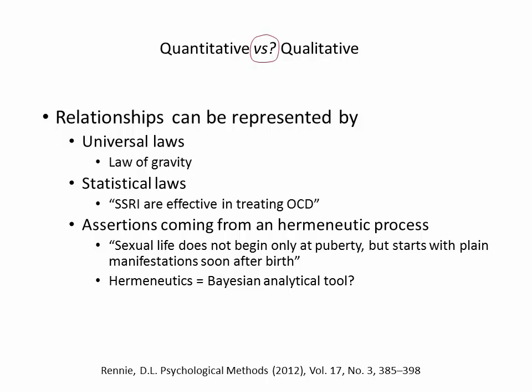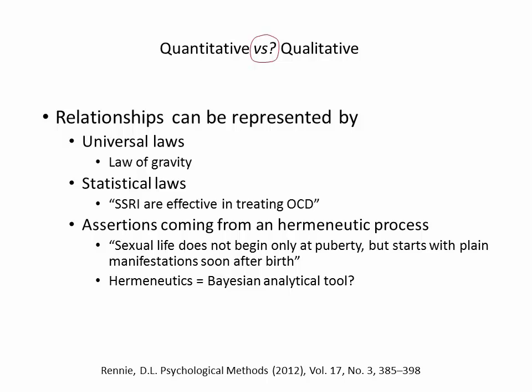The first one, you may try to find universal law, like in physics. In medicine, we have not that much universal law, you know. There is a correlation between weight and height, but you have tall people very thin and small people very large.